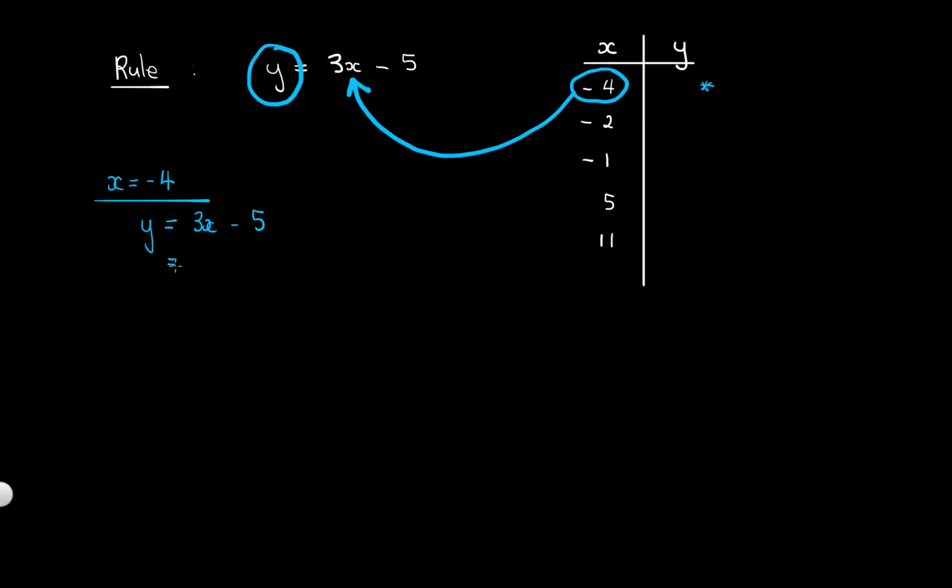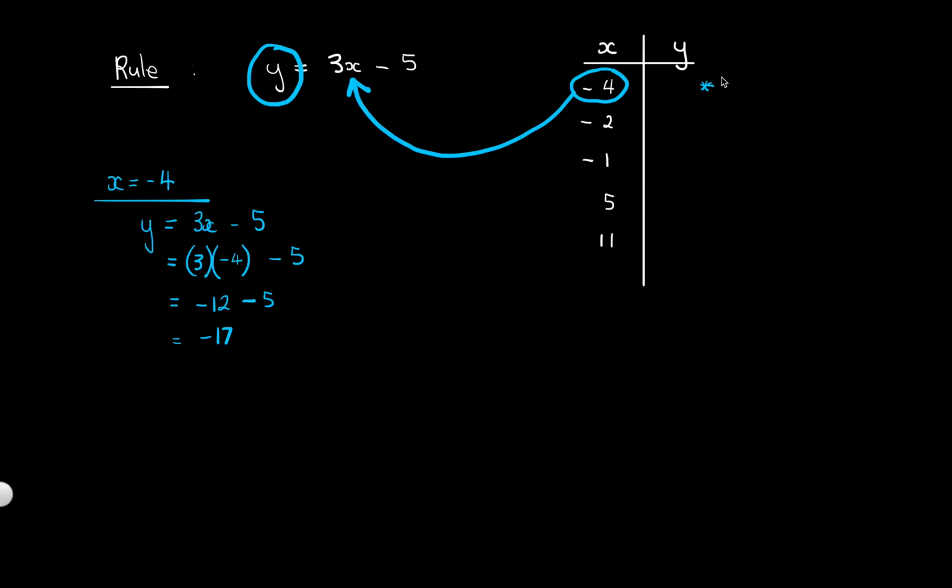So it's going to be 3 times, now I'm going to use brackets, because these two things are being multiplied. Now x has a value of -4. So it's going to be 3 times -4, then -5 on the end. Don't forget the -5. So that will be 3 times -4, which is -12, minus 5, and that equals -17.